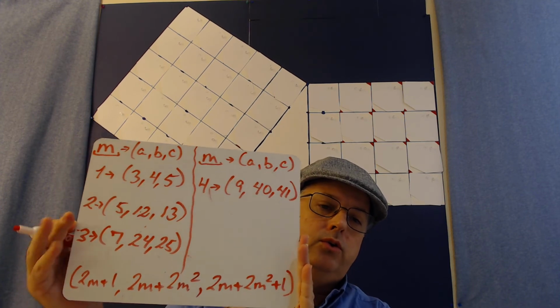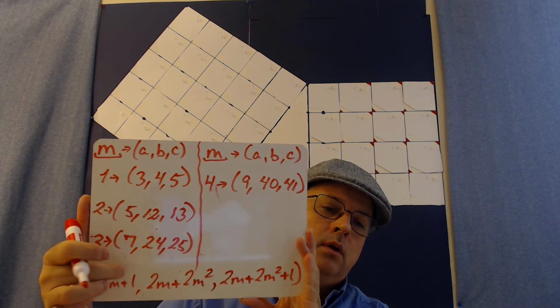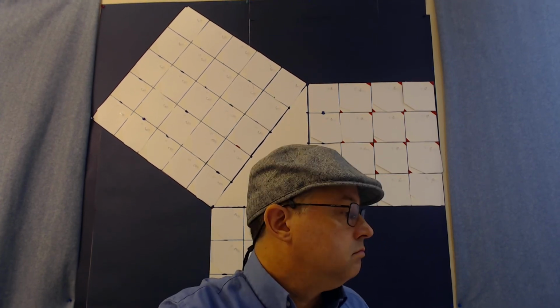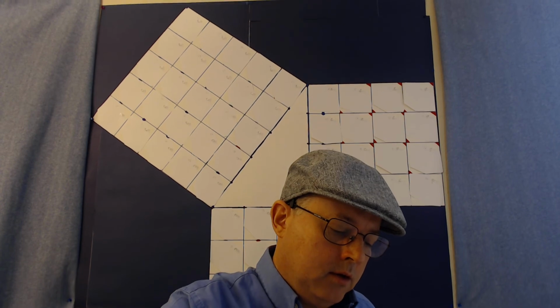And so I encourage you to take each of these basis values and run it through this generating formula and see that this comes out to be true. And so if we have the basis of 5, that gives us the 11, 60, and 61 Pythagorean triple.